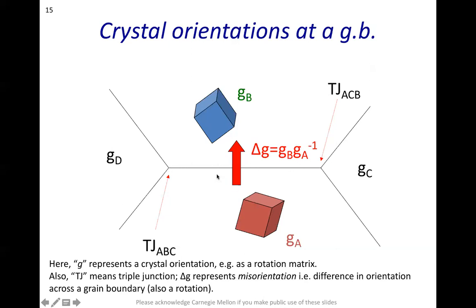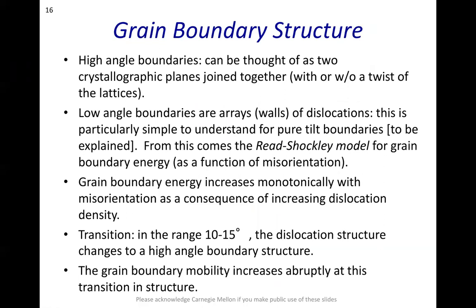What's the crystallographic relationship across it? What information it doesn't tell me is the normal to the grain boundary plane, right? I don't know whether this grain boundary is going straight into the screen or it's going into the screen at an oblique angle. So it's only half of the grain boundary information. But without actually removing material, it's very difficult to measure the full 5-parameter description for grain boundaries, right?